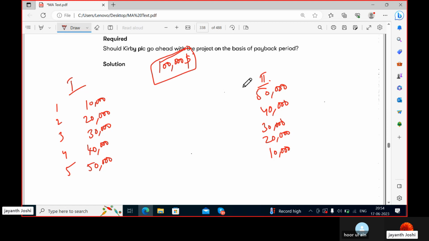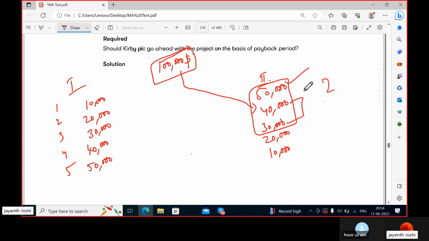Now, what I mean to say here is, as I have invested $100,000, it can easily be seen that project 2 is the one in which I am able to recover my $100,000 between the second and third year. Why? Because I want $100,000. In the first year, I got $50,000.